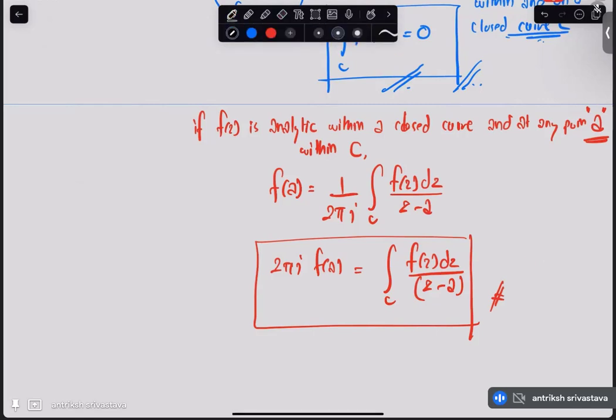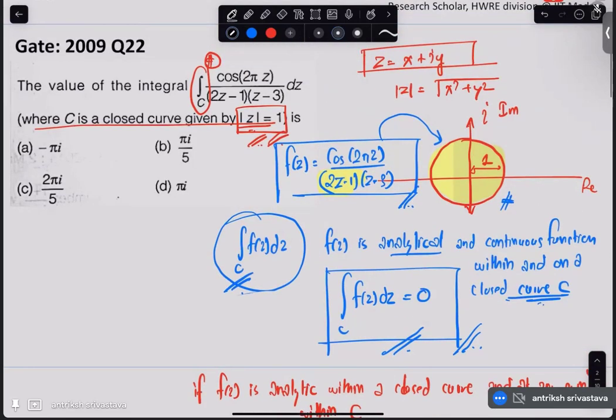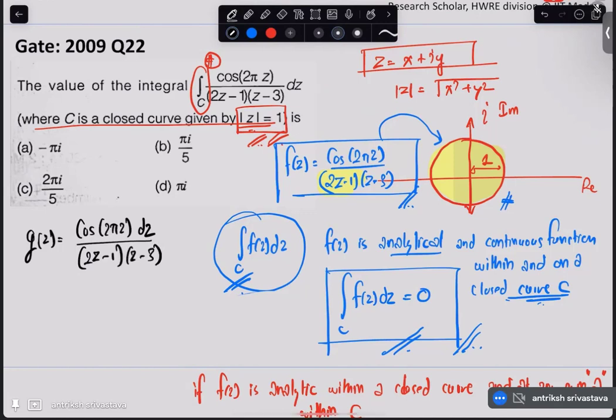So what is our expression? Our expression is nothing but cos of 2 pi z dz divided by (2z minus 1)(z minus 3), right?